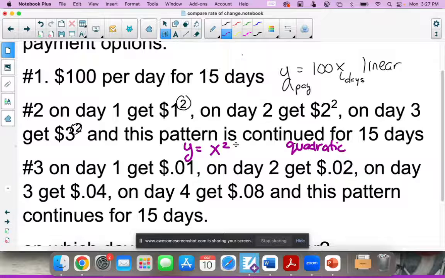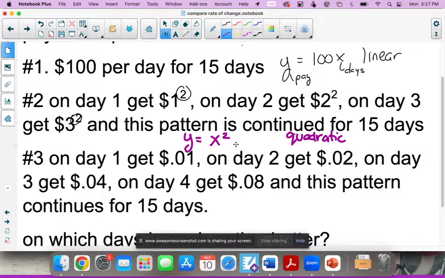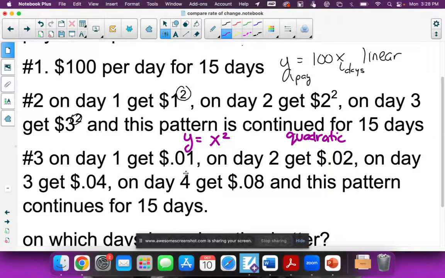Okay, so the third option, you would get a penny for the first day. On day two, you're going to get 2 pennies. On day three, you're going to get 4 pennies. On day 4, you're going to get 8 pennies. And this pattern continues for 15 days. So what is happening to your pay?